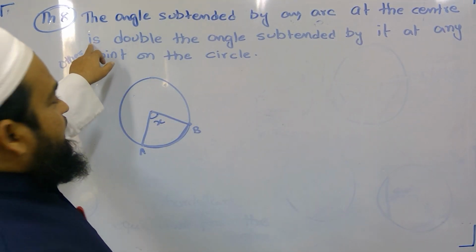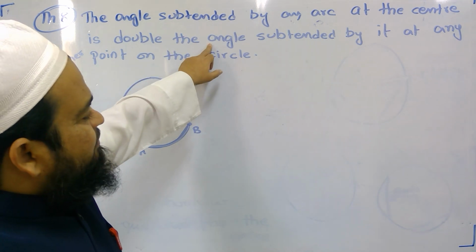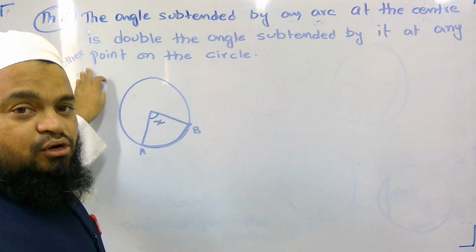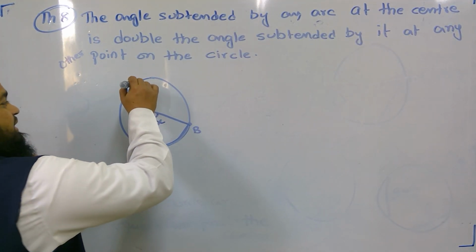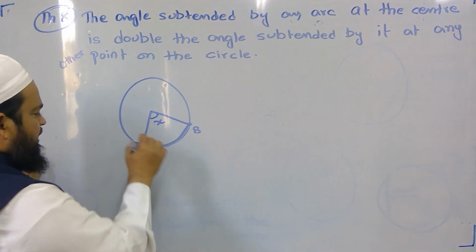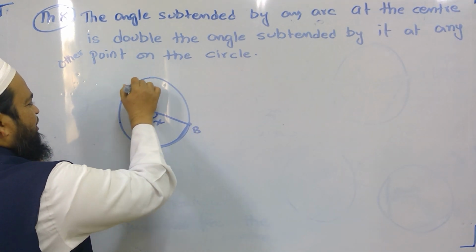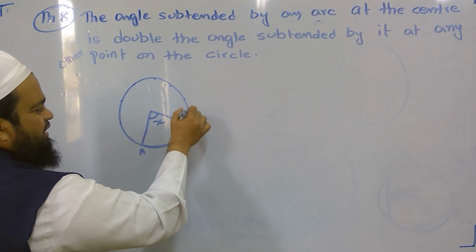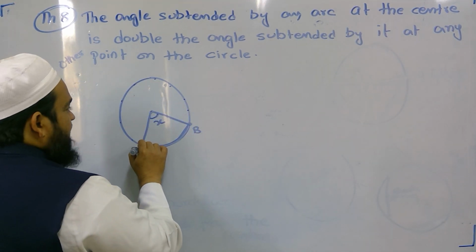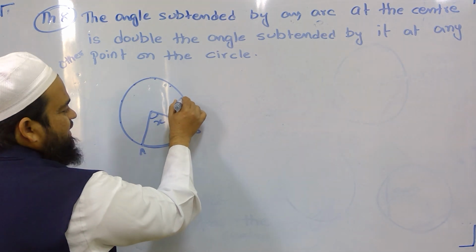Now the angle subtended by it at any other point on the circle is half of this. You can take anywhere on the circle, not at any one point.